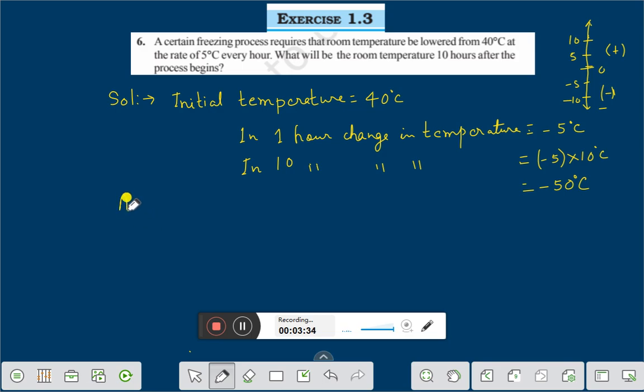Therefore, after 10 hours, the temperature will be first it was 40 degree centigrade plus minus 50 degree centigrade.